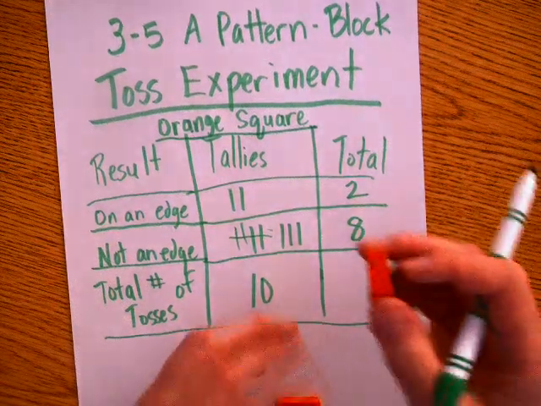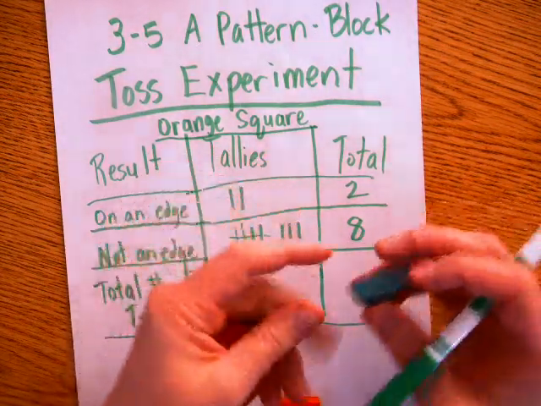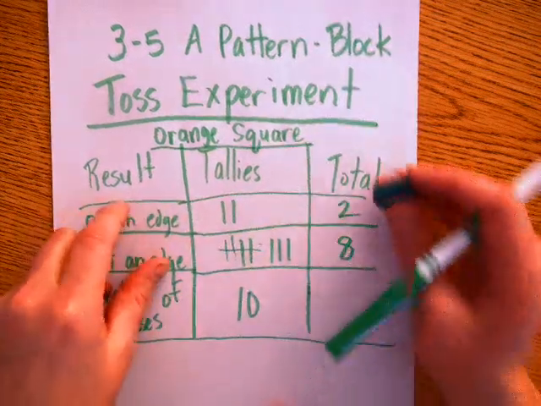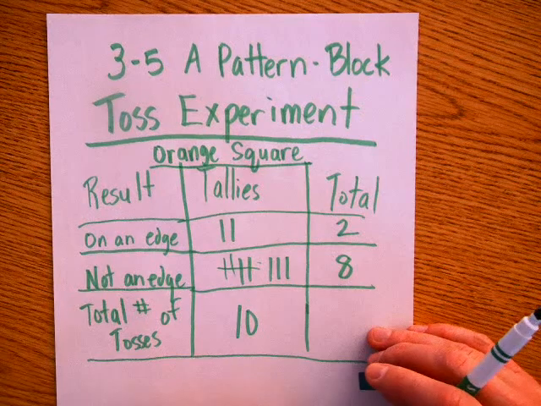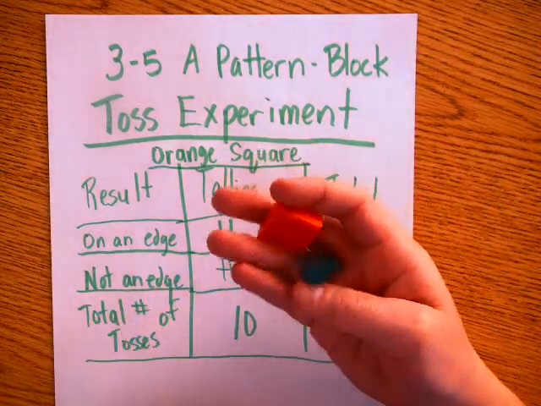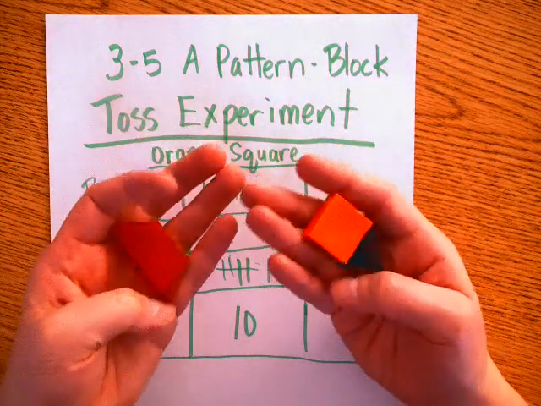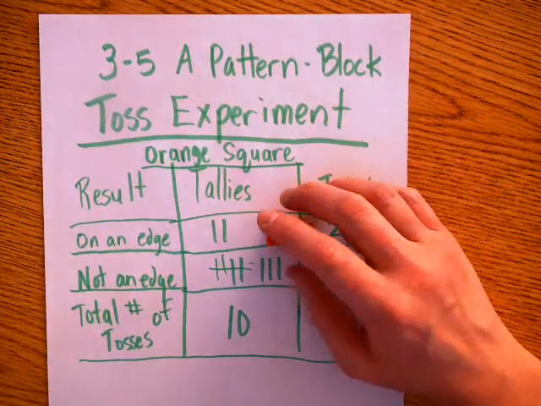We're also going to do the red trapezoid and the green triangle, and we're going to do them in separate charts, and then we're going to compare the results. Before we do the others of these, kids will think about which ones are most likely to land edge side up, like we saw with the square.